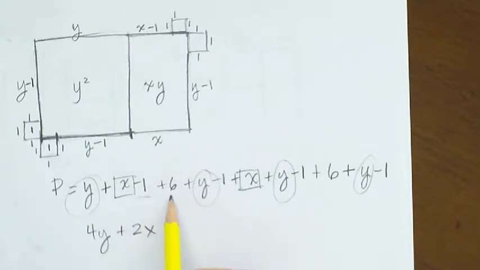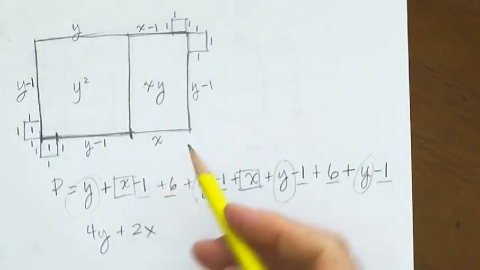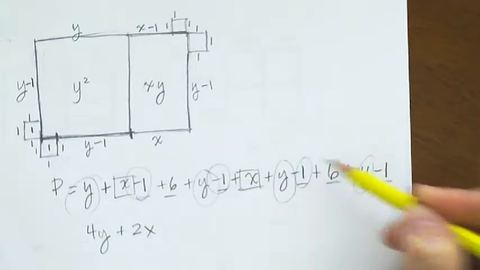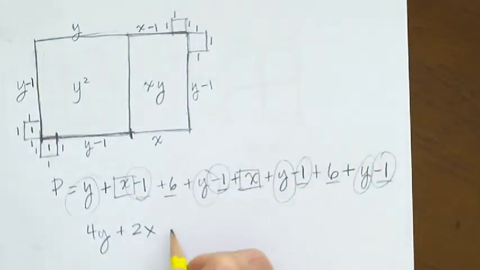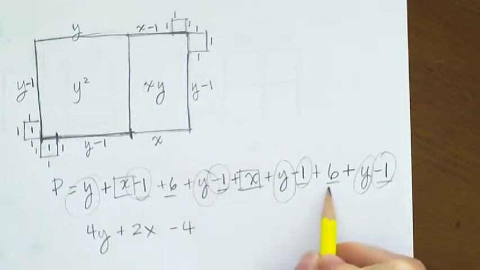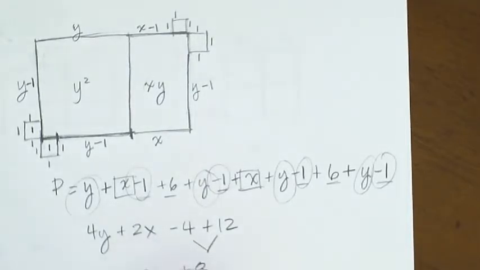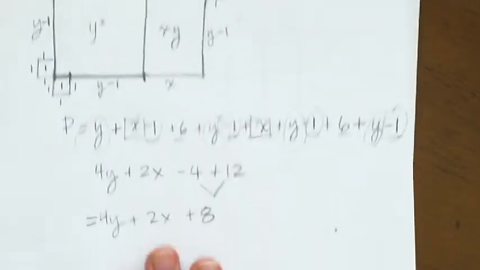Okay, we've got a -1, +6, -1, -1, +6, -1. So we could just add all these negative ones together if you want. So that's 1, 2, 3, 4. So -4. And then +6 and +6 is +12. So that would give me +8. So we get 4y plus 2x plus 8 for the perimeter.